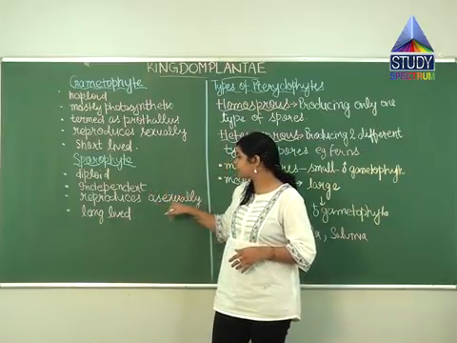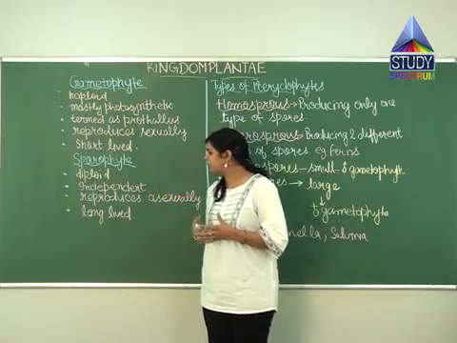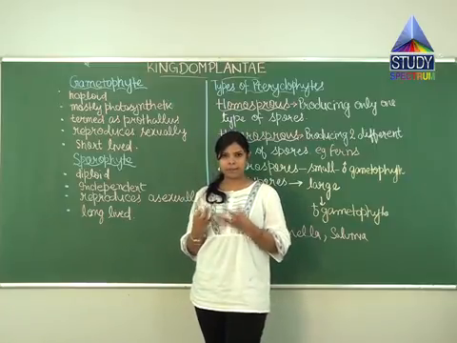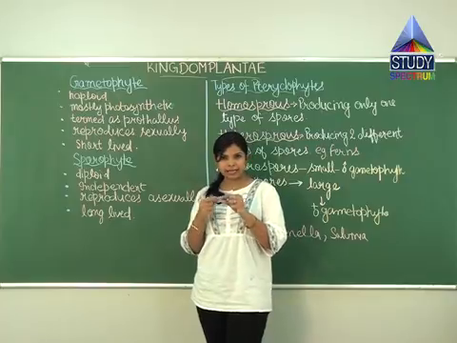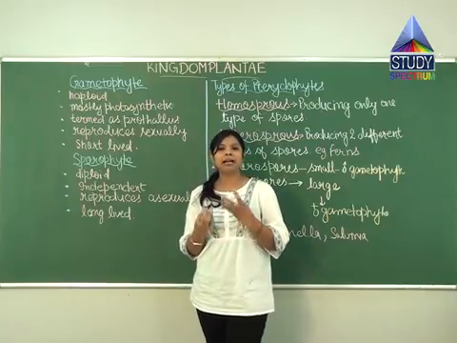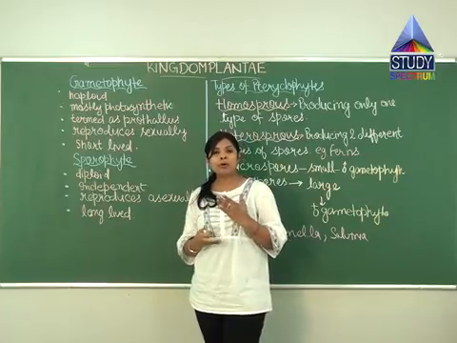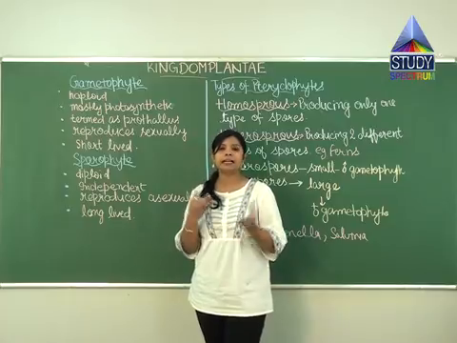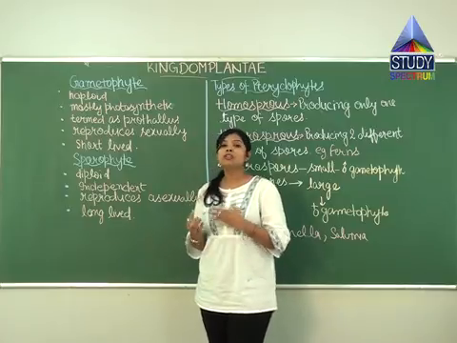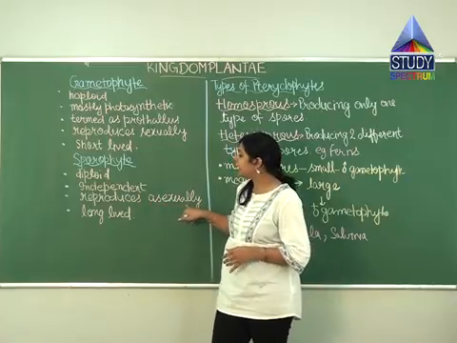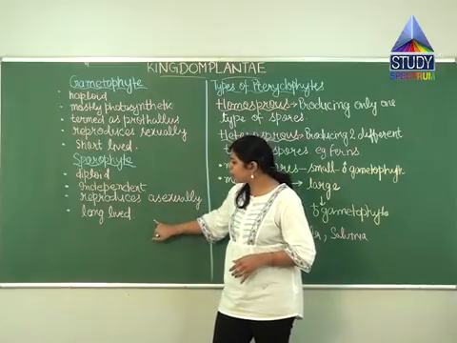Now they reproduce asexually. So why do we say that they reproduce asexually? Because if you recall, on the sporophyte plants, the leaves bear the sporangium, which includes the spores. The spores undergo meiosis, and then the spores will be released. So because of that, we say that sporophytes reproduce asexually, and they are long-lived.